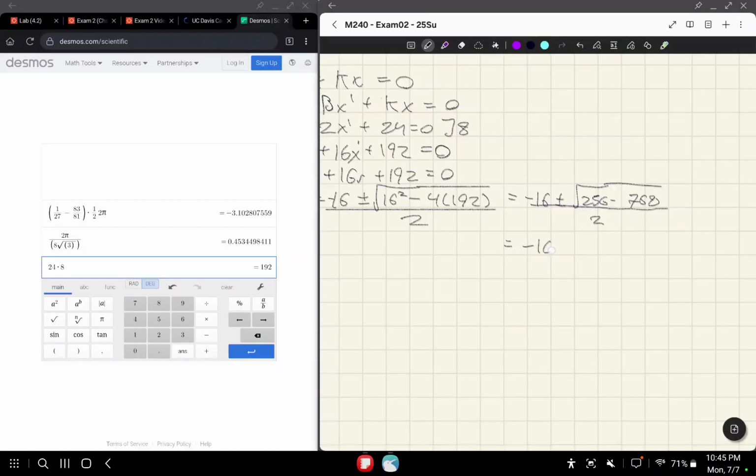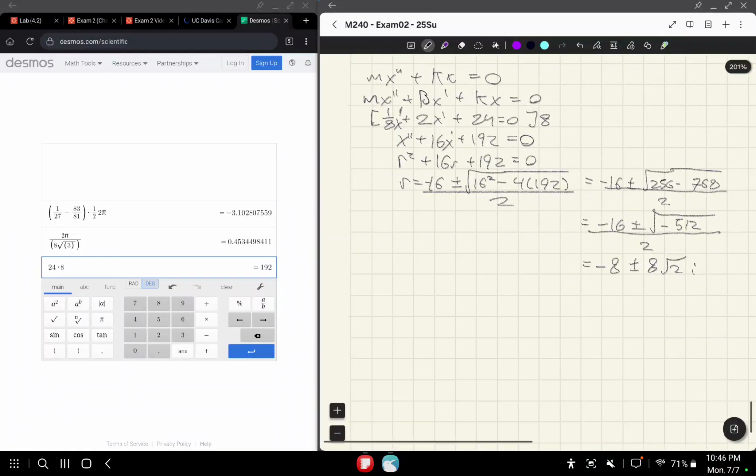That gives negative 512 under the root, and we'll have an imaginary number now because of the negative. If we simplify further, the roots are negative 8 plus or minus 8 square root 2 i.